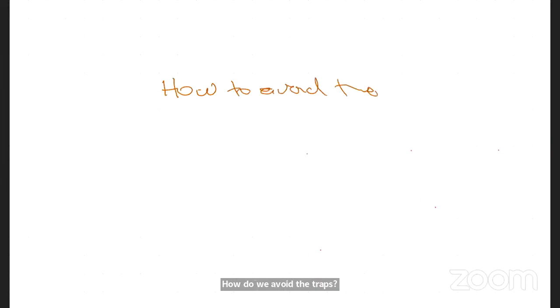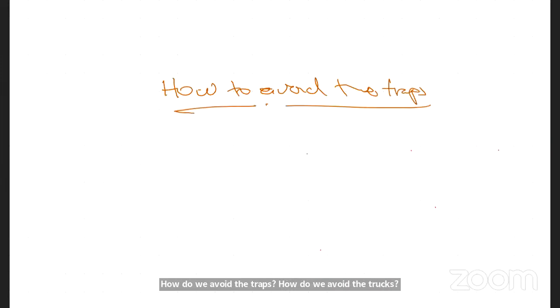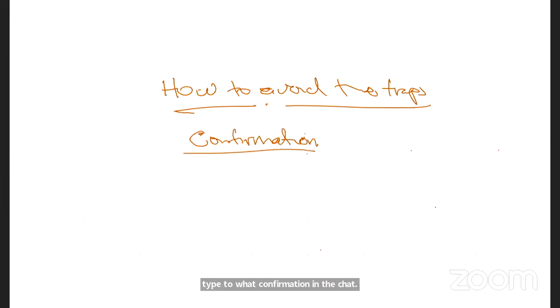Okay, now, how do we avoid the traps? I want you to type this word in the chat. We use what we call confirmation. Could everybody type the word confirmation in the chat?